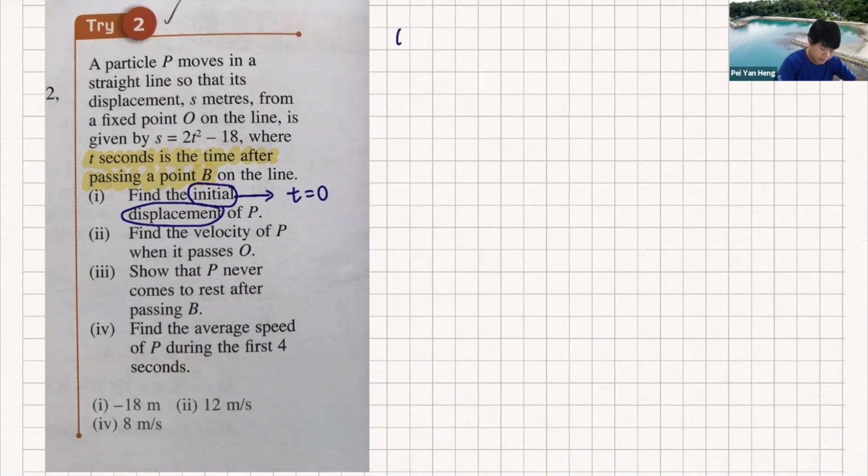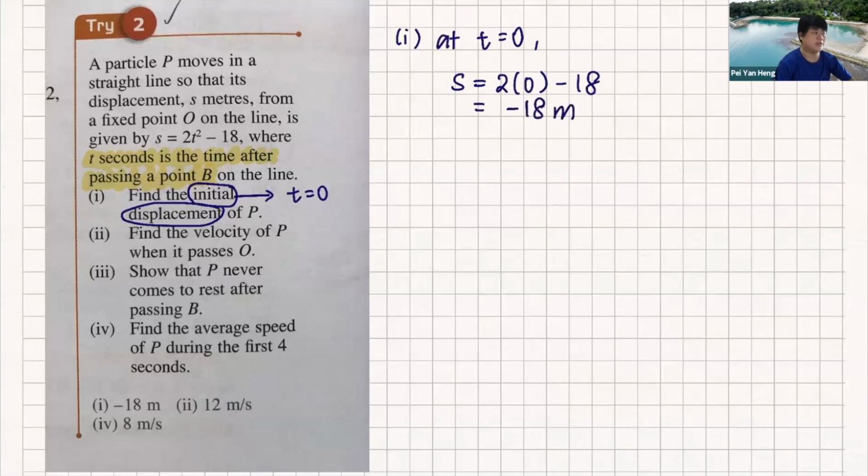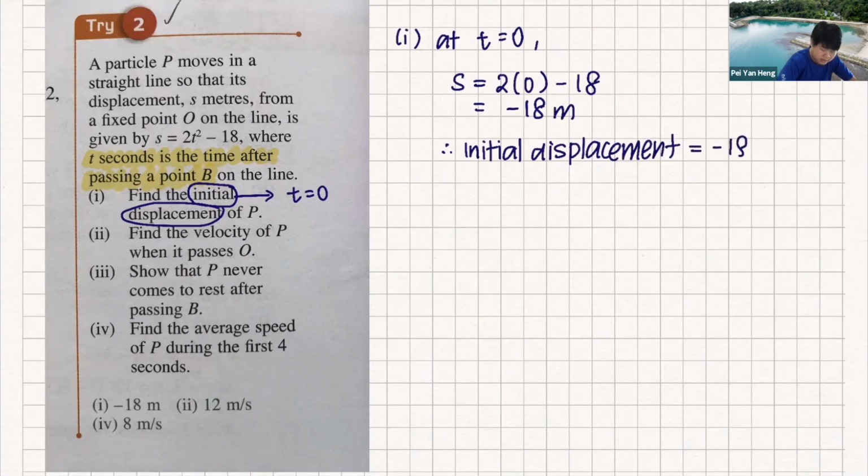So for part 1, at t = 0, my s would be 2 times 0 minus 18, and that would be −18 meters. So that is the initial displacement, −18 meters.